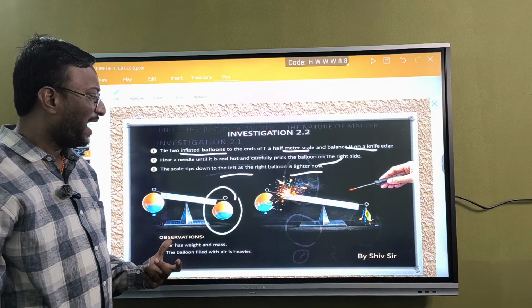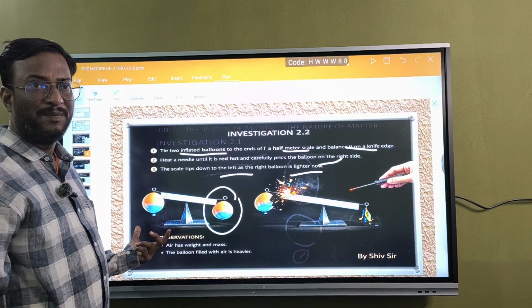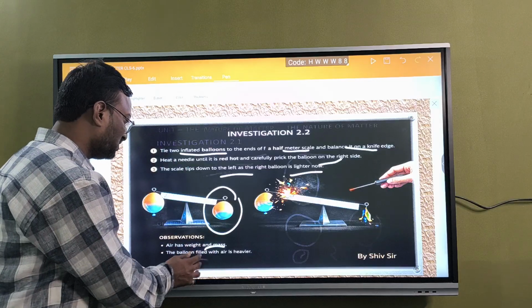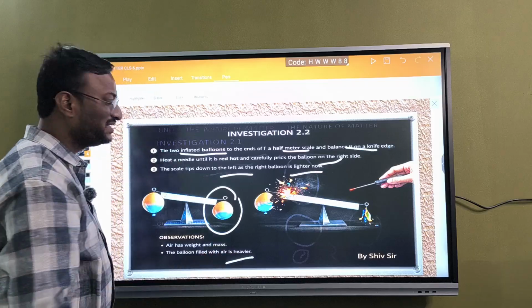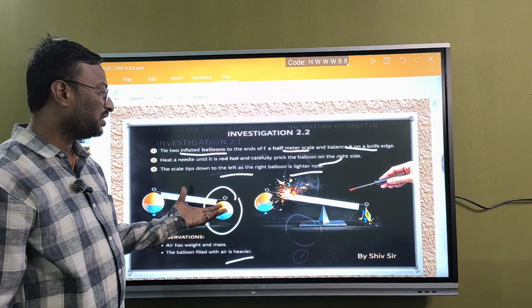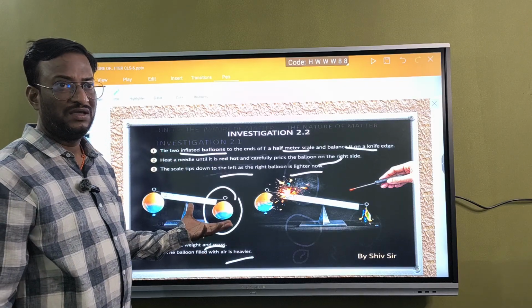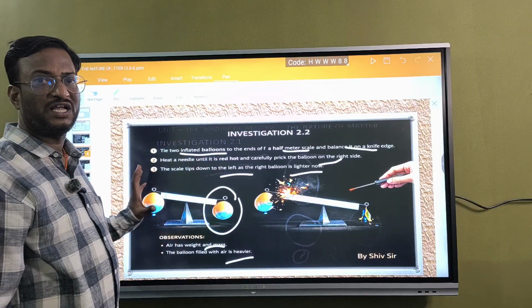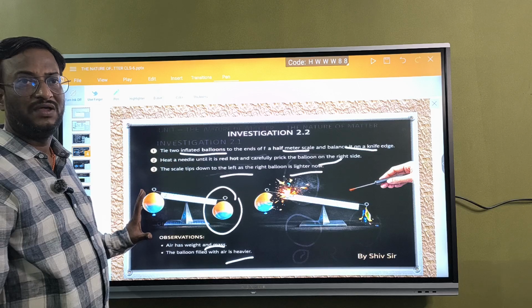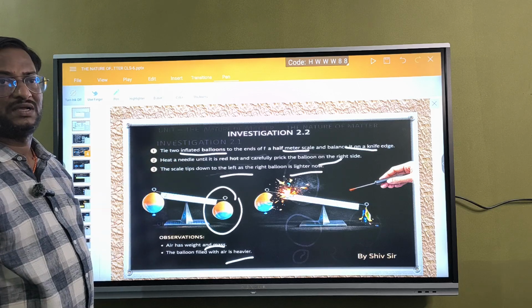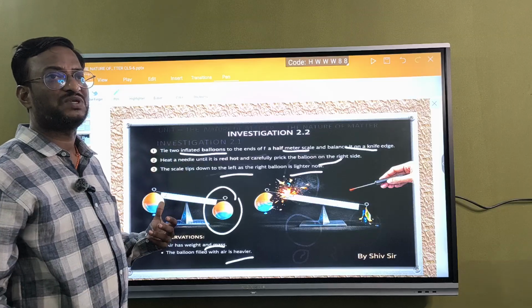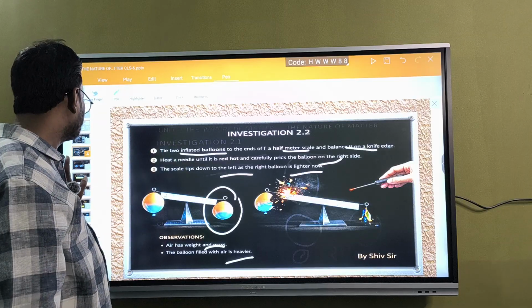What we can observe? Actually what is filled in the balloon? ఎయిర్. So air will have weight and mass. The balloon filled with air is heavier. Starting రెండు బెలూన్లోనూ సేమ్ ఎయిర్ ఉండింది. ఎప్పుడైతే ఒక బెలూన్ని తూటు పెట్టేశామో ఏమైంది? ఇంకో బెలూన్ మాత్రమే ఎయిర్ అనేది ఎక్కువ ఉంది కాబట్టి అటువైపు వంగుతుందన్నమాట. సో దాని నుంచి మనం ఏం చెప్పచ్చు? Even air will have some sort of weight, we can say that.